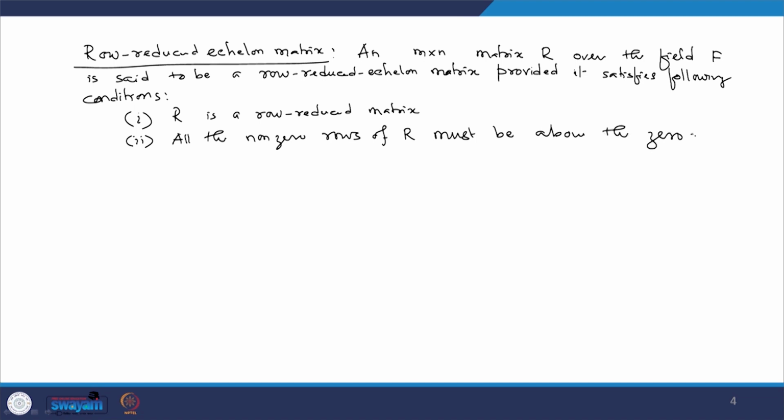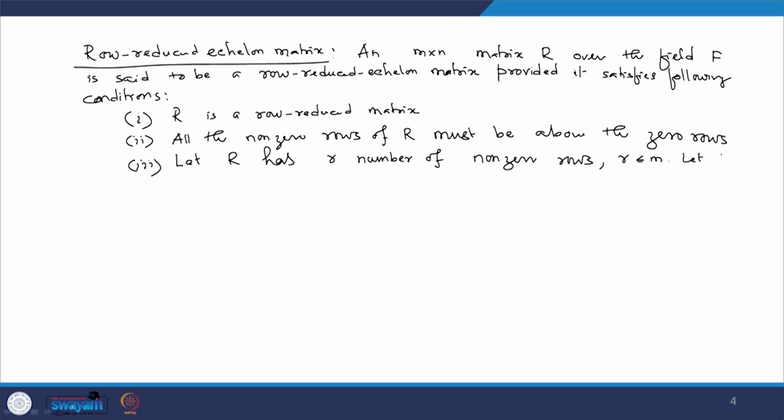Third, let R have small r number of non-zero rows. So, certainly r is less than or equal to M.